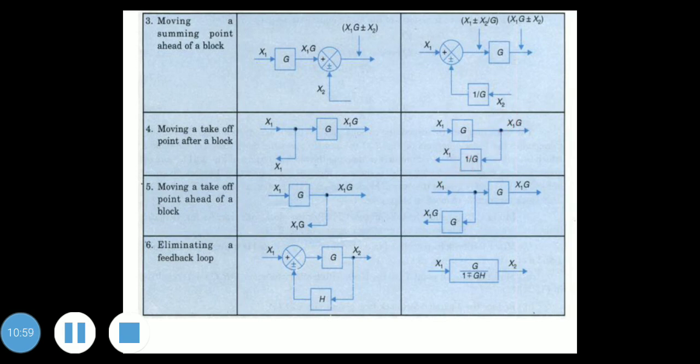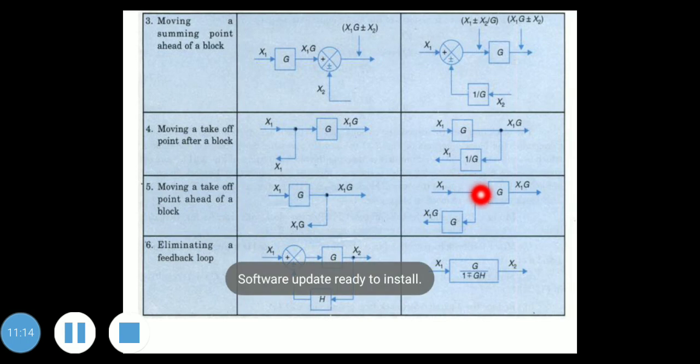Okay. Next, moving a takeoff point ahead of a block. This takeoff point has to be moved ahead of a block, meaning here. So this takeoff point has to be moved ahead of a block here, meaning X1. This block will be in series.